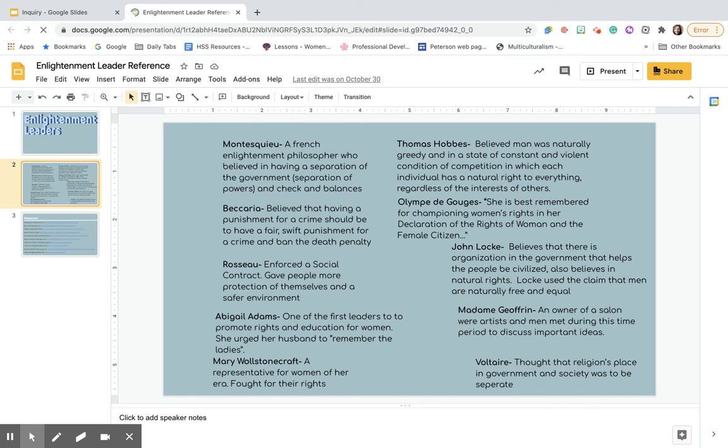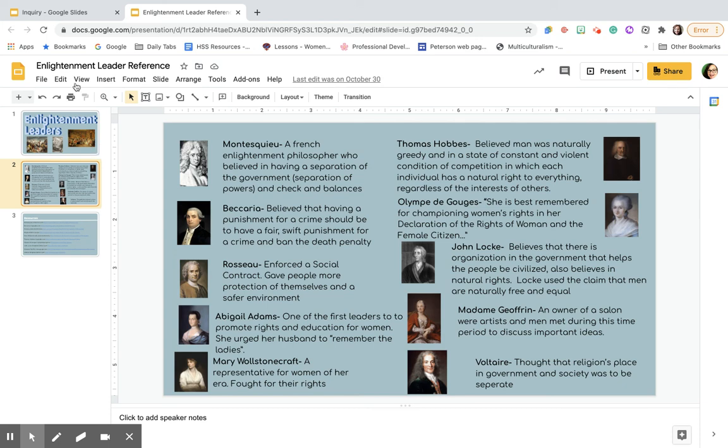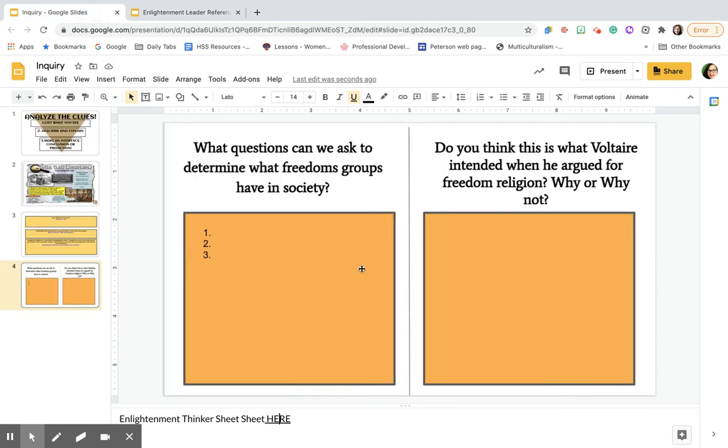Remember, Voltaire thought that religion's place in government and society was to be separate. So, what do you think? Even though in the Islamic Empire people were allowed to believe what they wanted, do you think the way the Islamic Empire was set up was what Voltaire intended when he argued for freedom of religion? And why or why not?